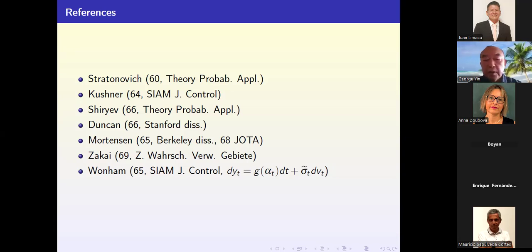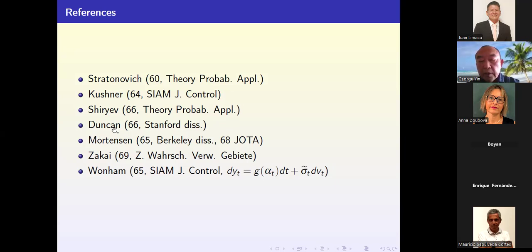So here is a similar thing: something published in the West, then something published in Russia. During that time, research in nonlinear filtering was very fruitful and a hot topic for many people.